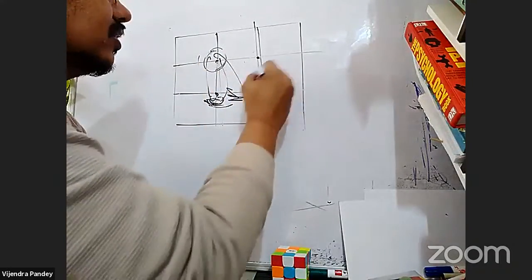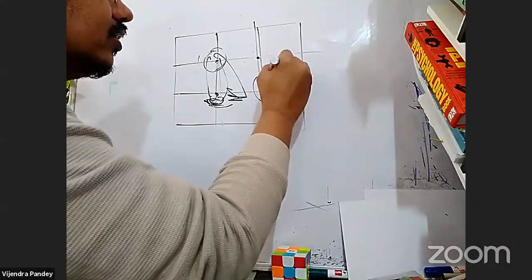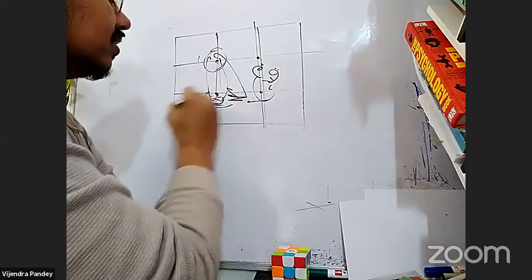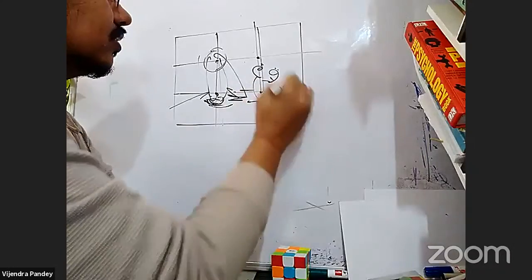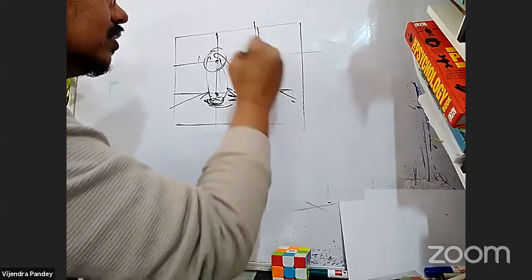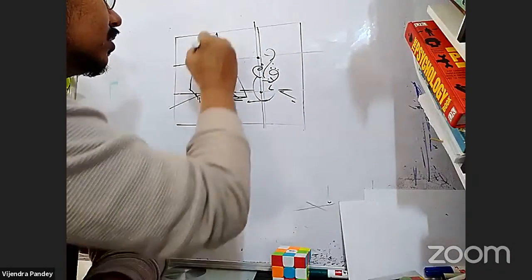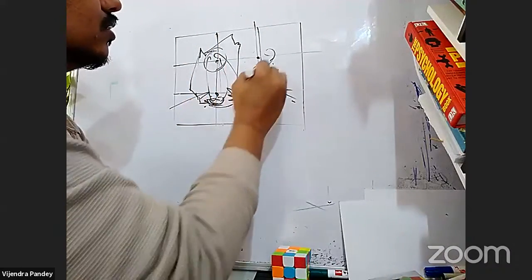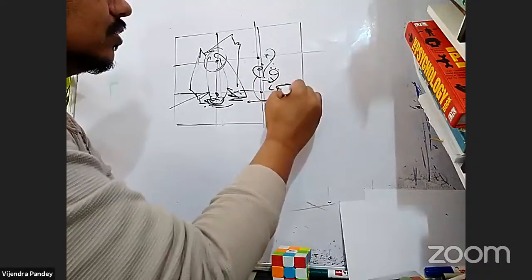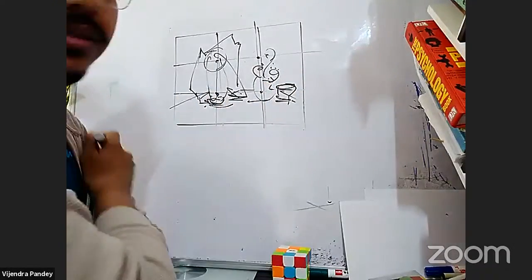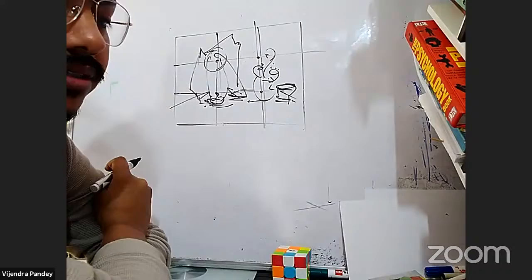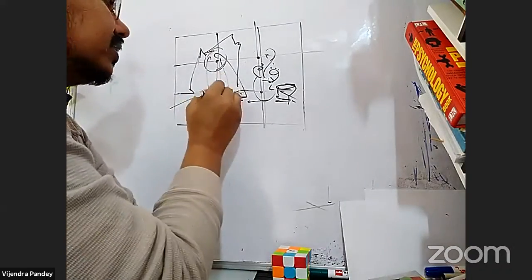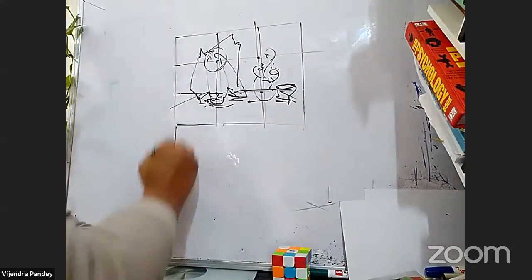You may have something here, something in the background, like that. So that will be one style of composition, placing elements on the crossings.